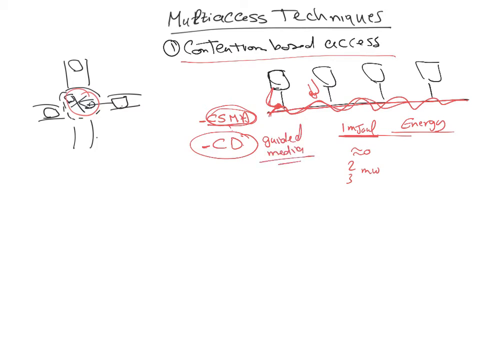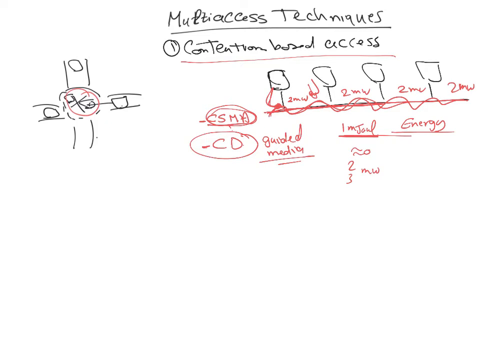It turns out for guided media, the energy goes into a straight line, and it does not lose its strength easily. Which means that if I measure the energy level here and it's 2 milliwatt, chances are here it will be 2 milliwatt, here it will be 2 milliwatt, here it will be 2 milliwatt.